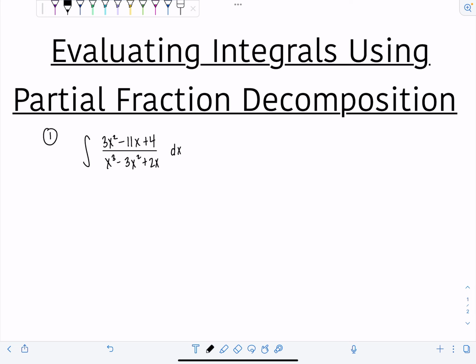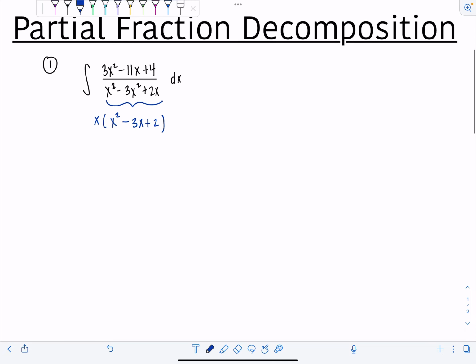All right, so first things first, I notice I have a rational function. The degree of the denominator is higher than the degree of the numerator, so I can proceed with the partial fraction decomposition. In order to do so, we have to factor the denominator first completely. So notice I can take an x out from all the terms, and we'd have x squared minus 3x plus 2 left over, and that factors further.